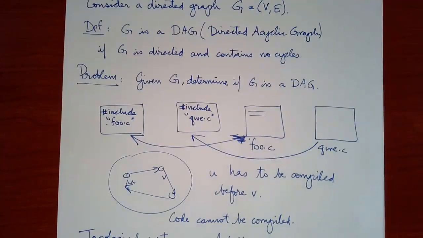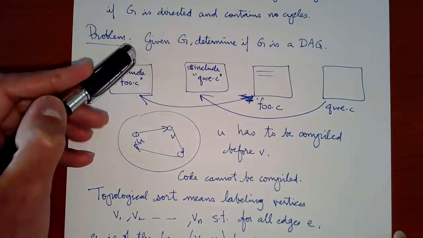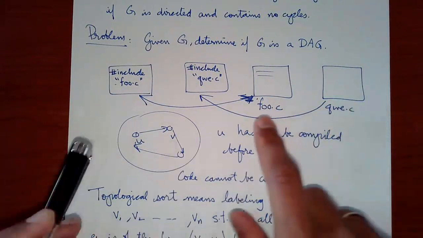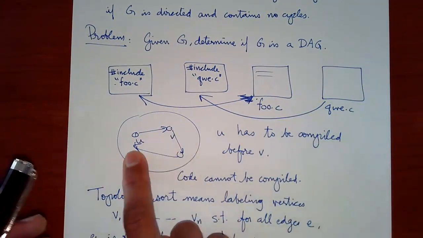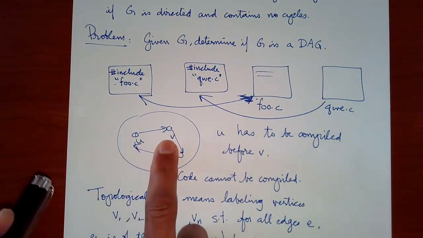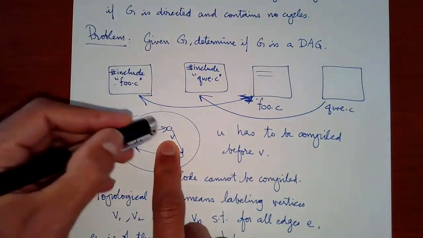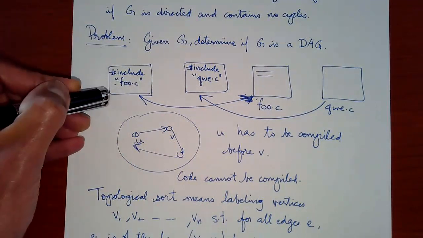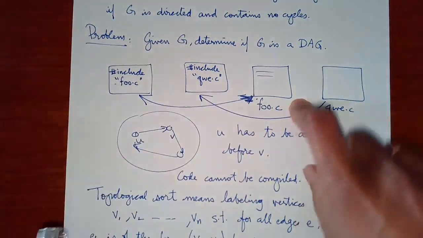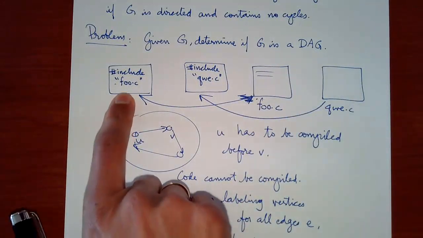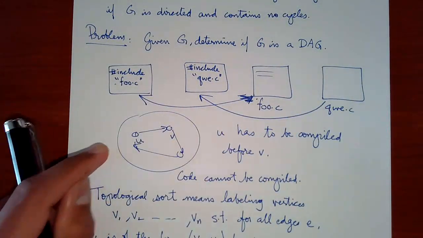For example, if you construct a dependency graph between code, where vertices are files, and an edge means that file U needs to be compiled before file V. If this piece of code has include foo.c, then foo.c has to be compiled before this code. So we would put an edge from foo.c to that code. And this is called a dependency graph.